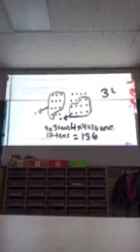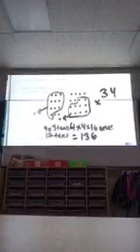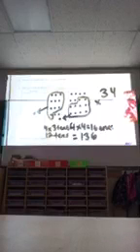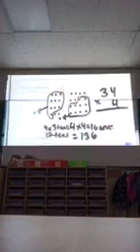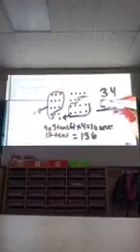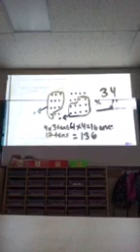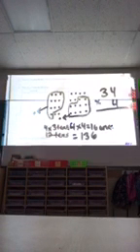Go ahead and set up the algorithm on the side of your place value chart too, so we can make some connections between the pictorial and the algorithm. Here, with the algorithm, similar to our ones place, we multiply 4 times 4: 4 ones times 4 groups, which was 16.